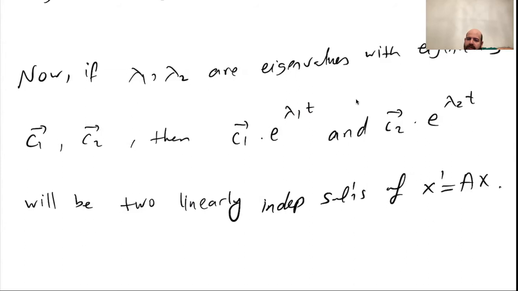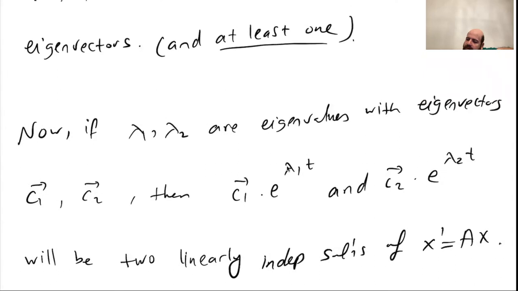So overall, this is a vector and it's a function of t. This is the case where we have two real eigenvalues lambda 1, lambda 2 with two eigenvectors C1 and C2.